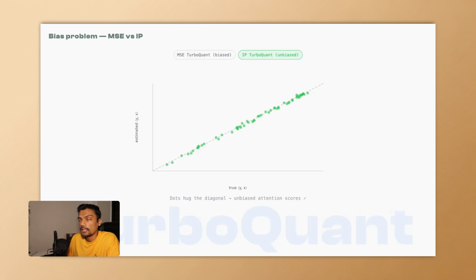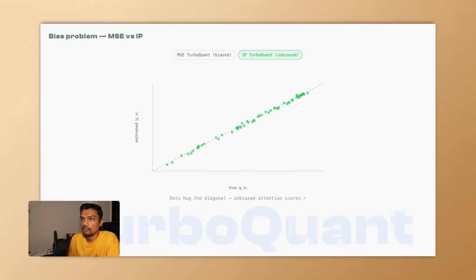As you can see in the diagram as well, the MSE TurboQuant has some bias, but inner product needs some unbiasedness. The expected inner product from the MSE quantizer systematically overestimates or underestimates the true inner product. This is a fatal flaw for the attention mechanism. Biased attention scores lead to a wrong probability distribution.